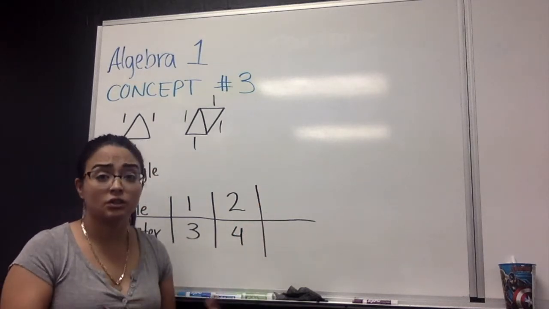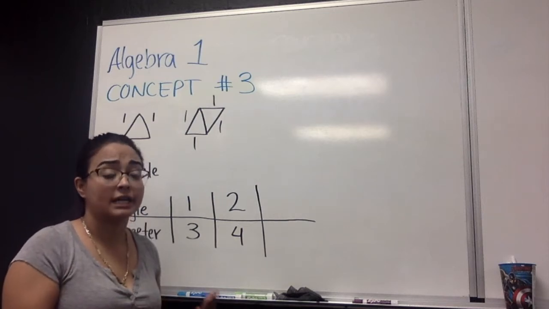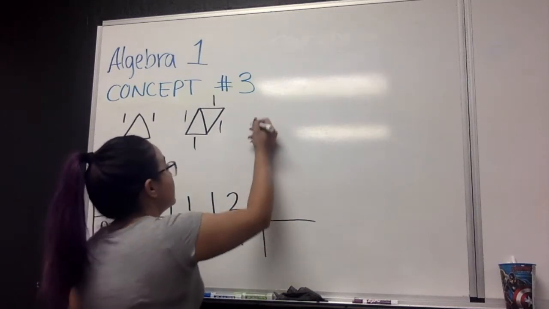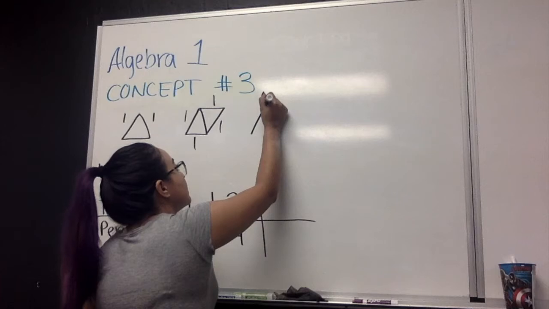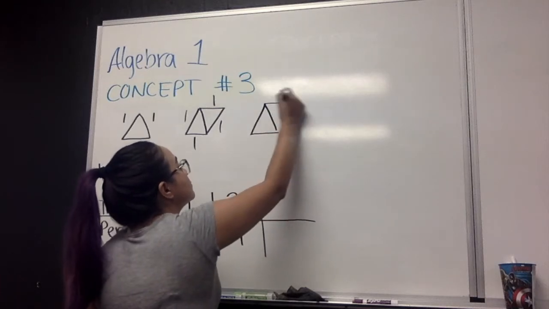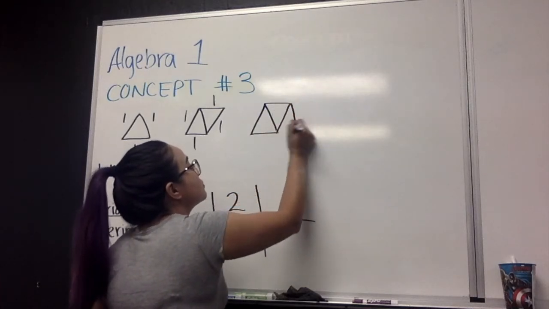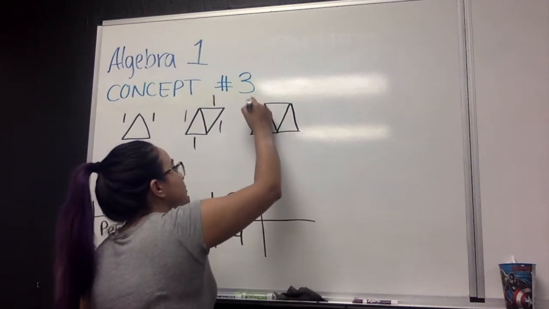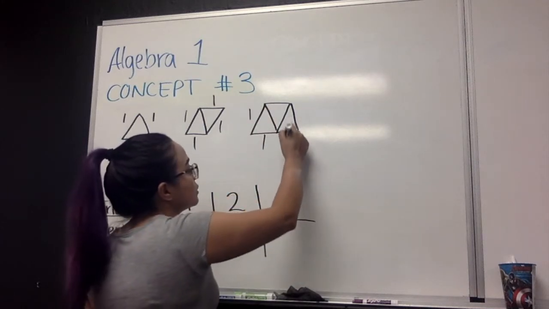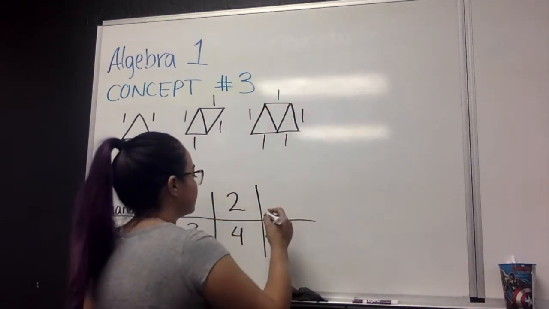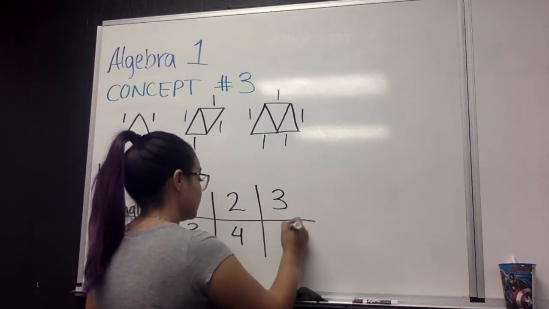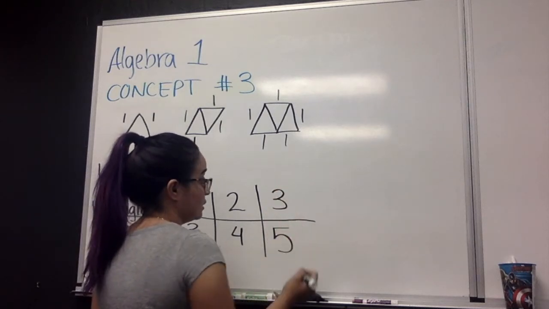Now let's say we continue the pattern by adding just one triangle at a time. Let's say we add a third triangle. This gives us a perimeter of 1, 2, 3, 4, 5. So 3 triangles gives us a perimeter of 5.